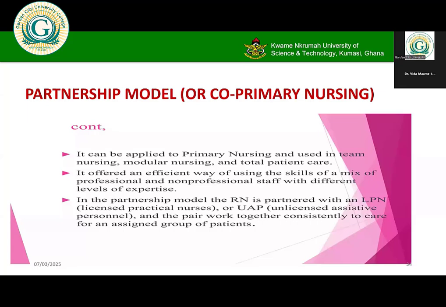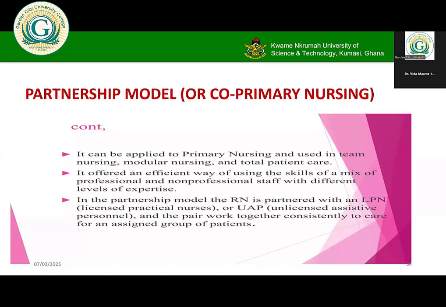Unlike the primary one, where I am responsible for 24/7 shift responsibility, and it is when I am off duty that my associate nurse takes over. But with this one, we are all together. We are all there. We are partners.